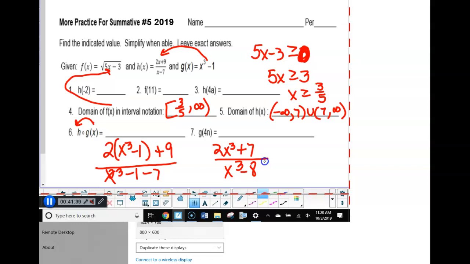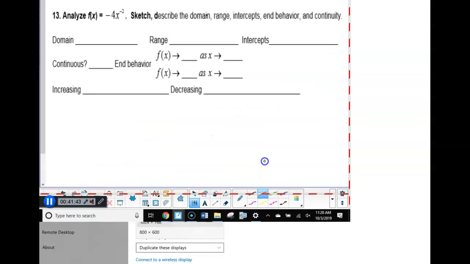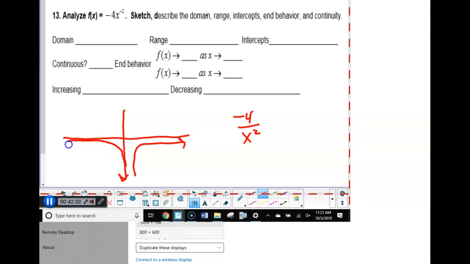Okay. I don't probably have time to do this, but I would kind of like to talk about this one. Can anybody type that real fast? Negative 4 over x squared. So I think it's this. Does that look right?